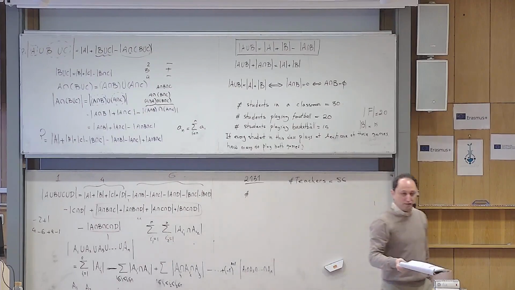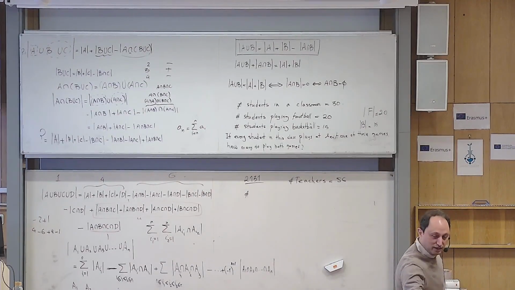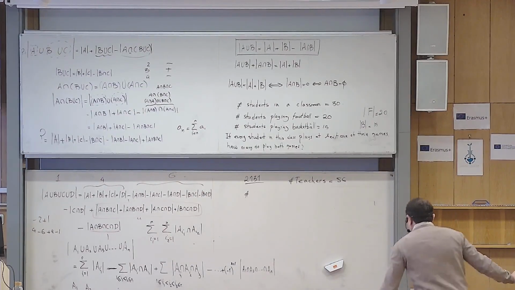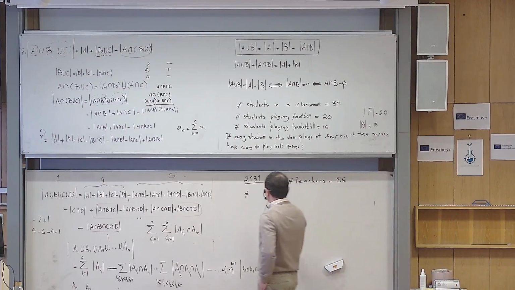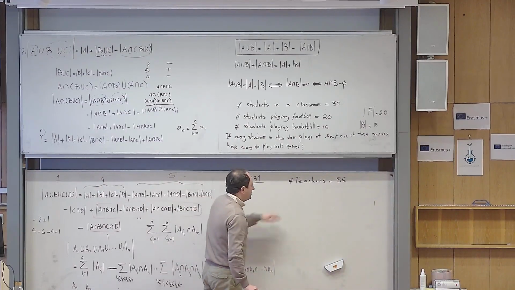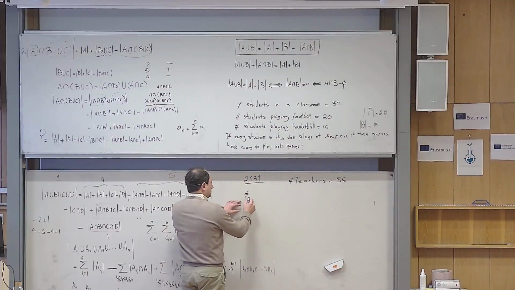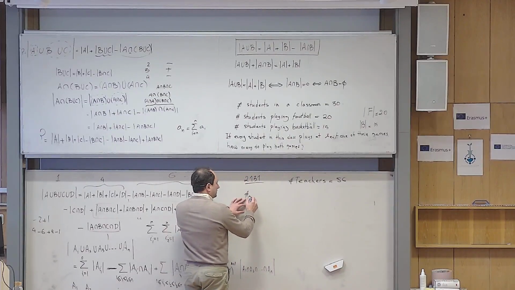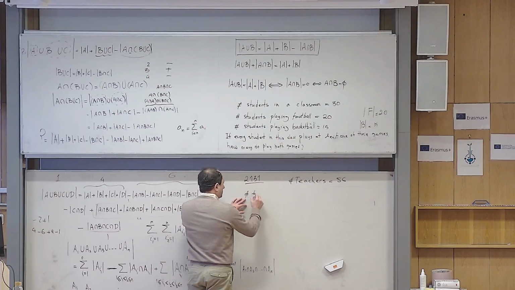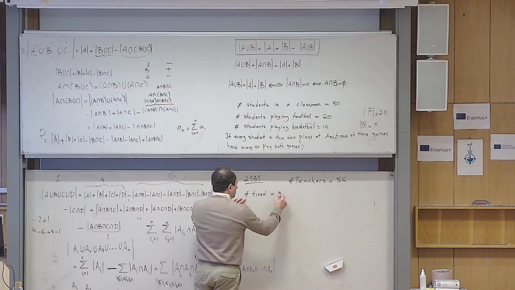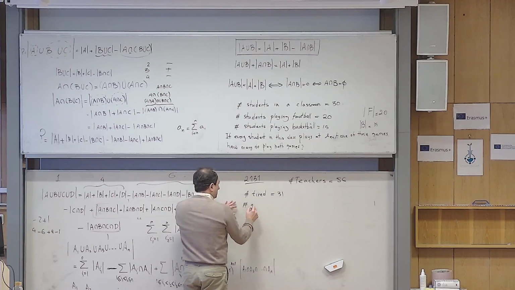Can you read it for me? I should have my glasses with me. So this problem 21, 31. The number of teachers is 86, but then there are 31 tired teachers. There are 33 thirsty teachers.